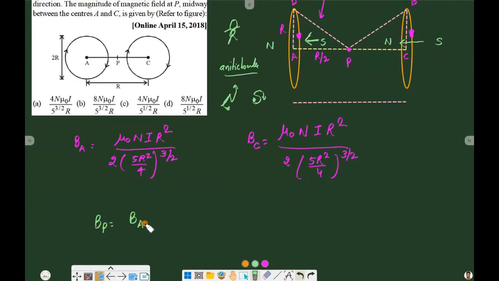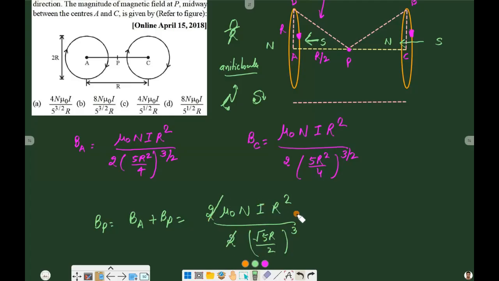will be sum of these two fields, and we can just simply write it twice, mu node n I r square divided by twice of, now square root will be 5r by 2 power cube, 2 gets cancelled, and we will have mu node n I r square divided by cube of these, so it will be 5 root 5, and cube of 2 will be 8, and it will go up into r cube.